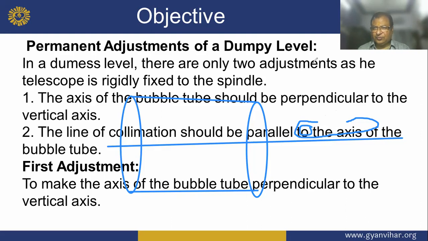Your telescope is not perfect at 180 degrees. All these things give information through this bubble tube. Okay, my dear.